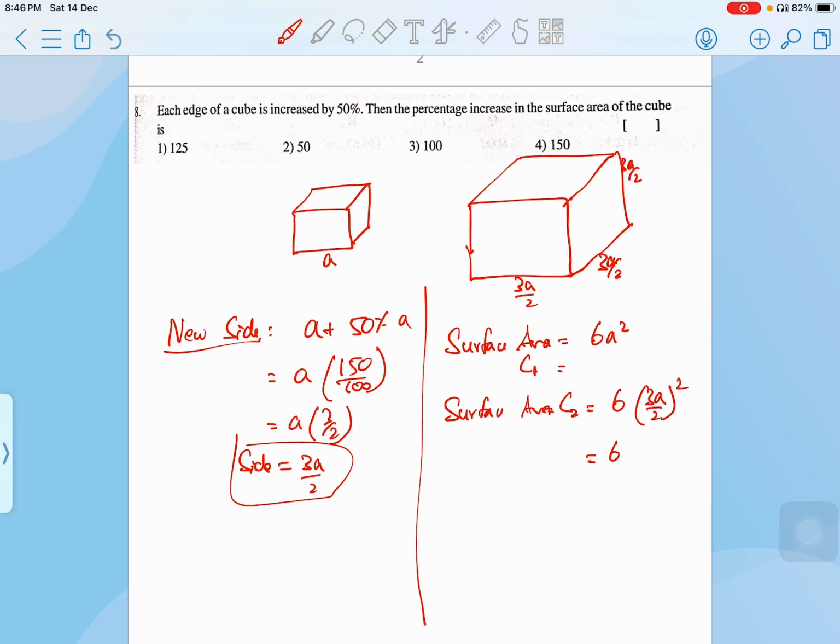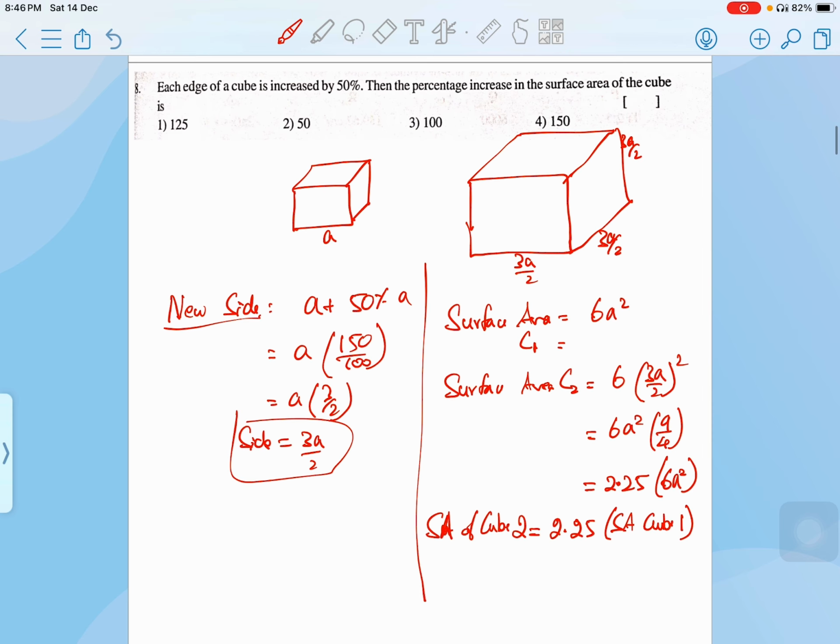That's nothing but 6a square, another 9 by 4 is extra. Can you understand? So it's nothing but 9 by 4, if you divide, 2.25 times 6 times a square. So surface area of cube 2 is nothing but 2.25 times surface area of cube 1.